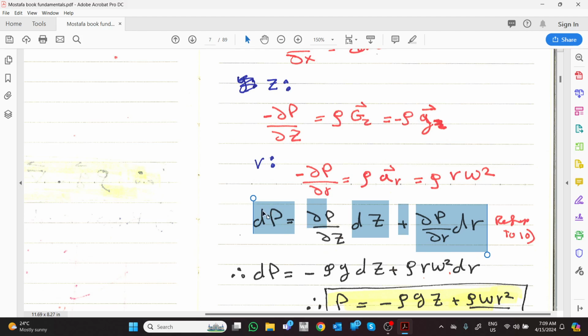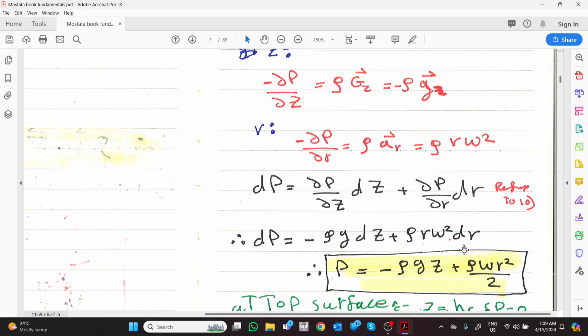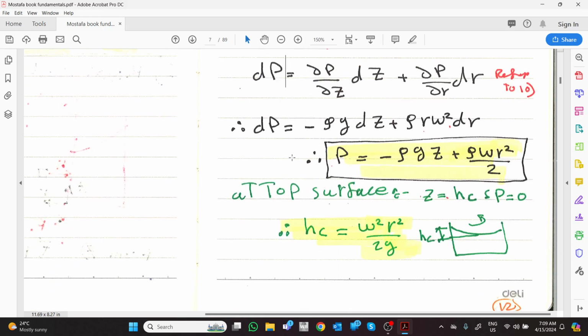This is logic. It is not an equation you need to derive. So dp is equal to this one dz plus this one dr. Very simple, very straightforward. So this is the total change in the pressure.